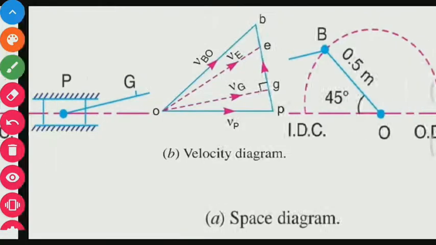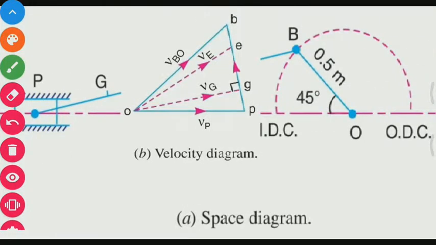Now we can arrange the velocity diagram on the space diagram also. Now in this way we can arrange the velocity diagram on the space diagram. This is the velocity diagram, for understanding purpose.